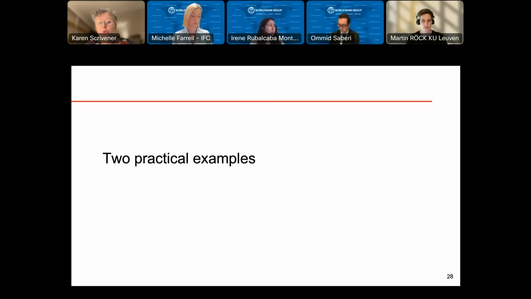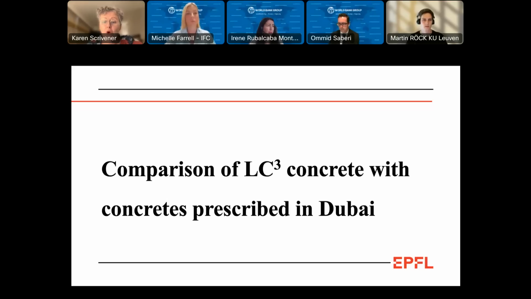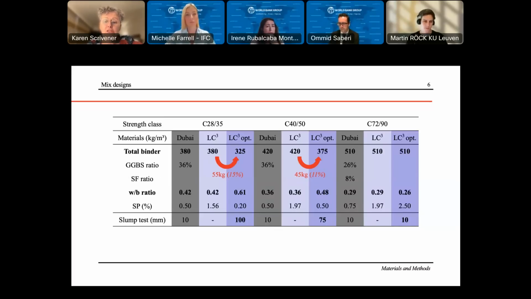So to quickly finish with 2 practical examples to show what we can do, first of all, we compared LC3 concrete with concretes prescribed in Dubai. So these were designed to be durable concretes, which contained a considerable proportion of slag, and for the high strength option of silica fume.